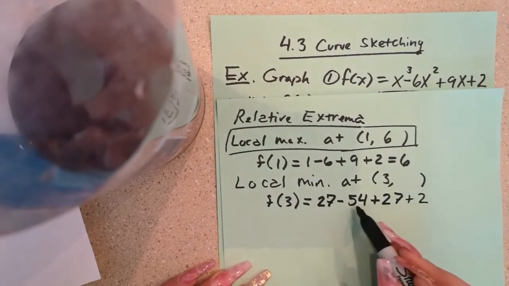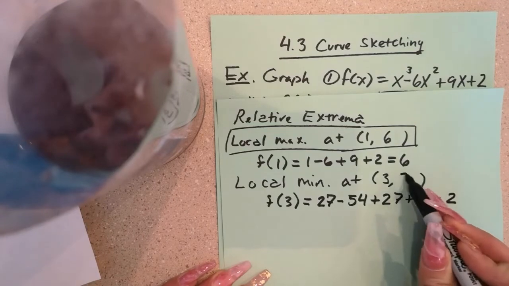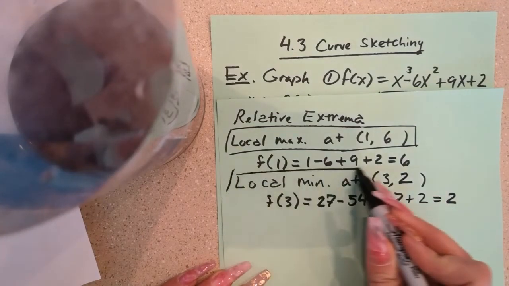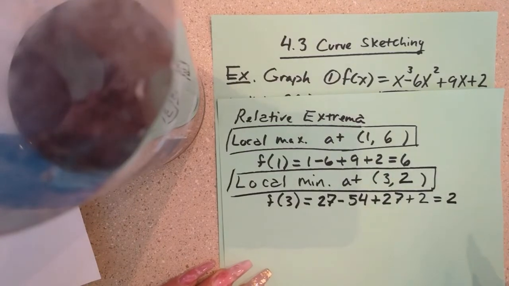So that's 54 minus 54, cancels, so just 2. So it looks like I have a local min at 3, 2.